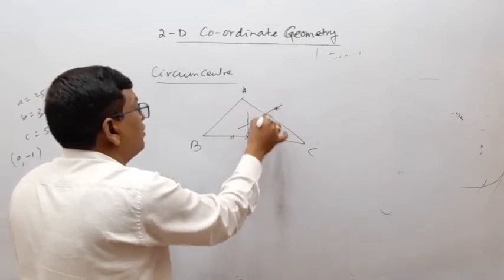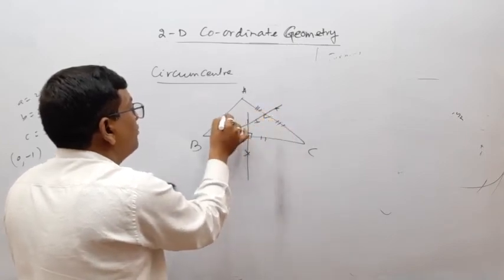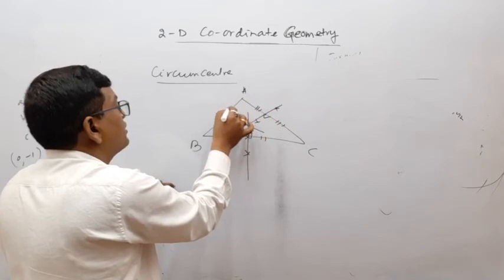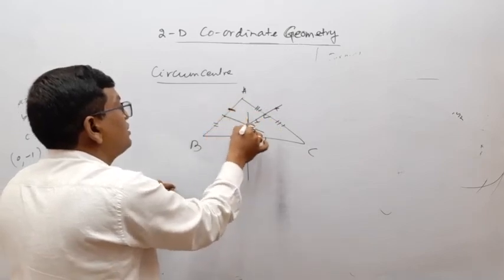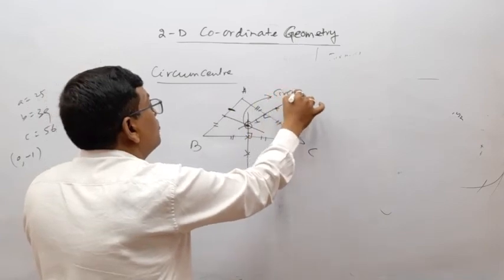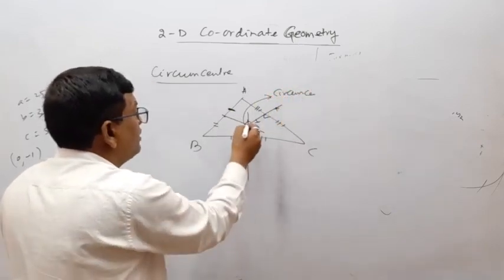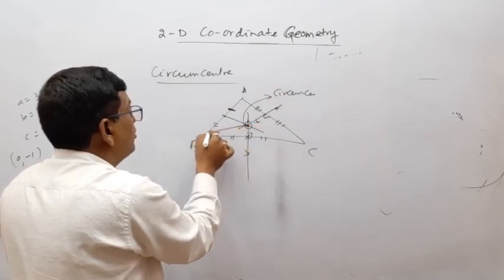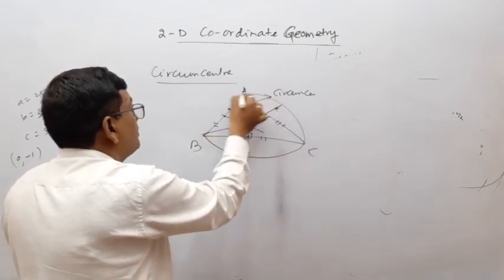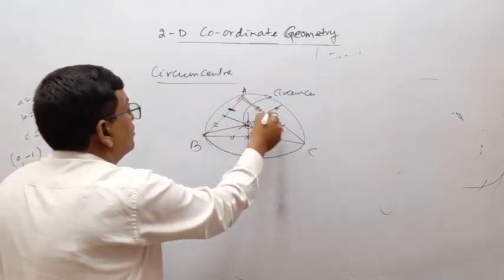These are 90 degrees, and these are equal. And this is another perpendicular bisector of the side. So this is called circumcenter. Join this and draw the circle. This is the circumcenter.